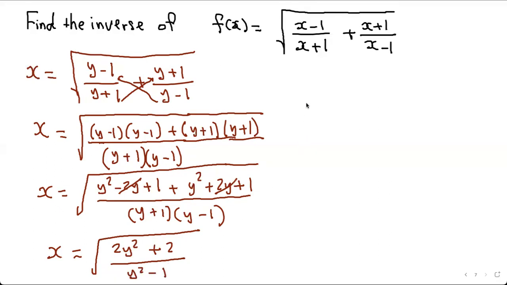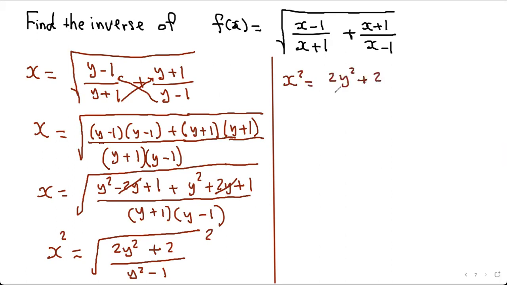As you see, this is not unfolding really fast. So what I'm going to do is divide my page here and take it to the other side. At the same time, I'm going to square both sides to get rid of the square root. So I have x squared equals 2y squared plus 2 over y squared minus 1.